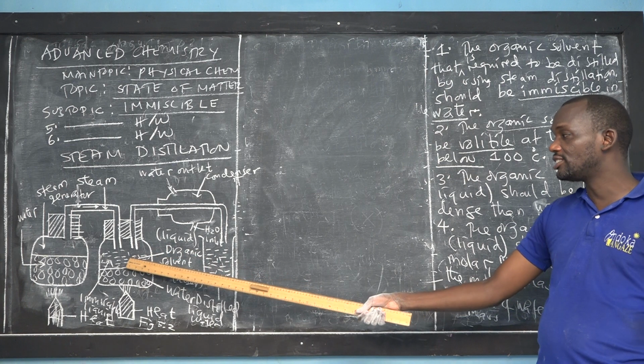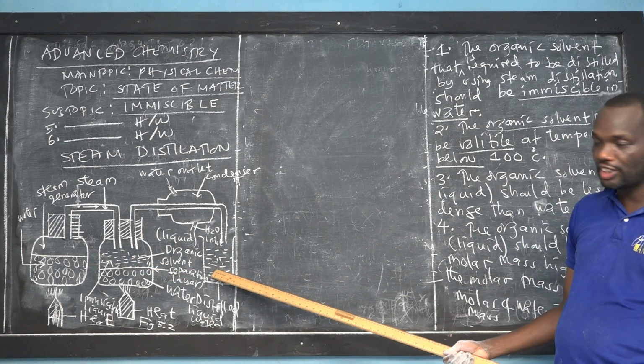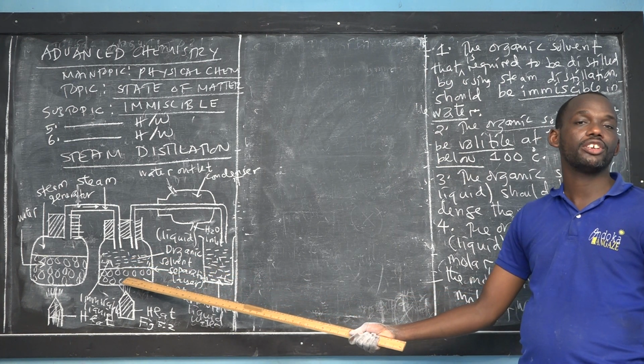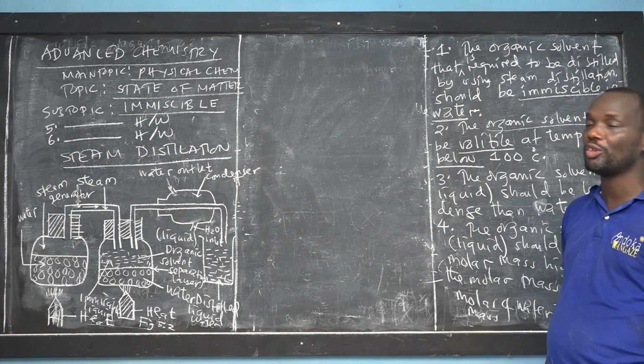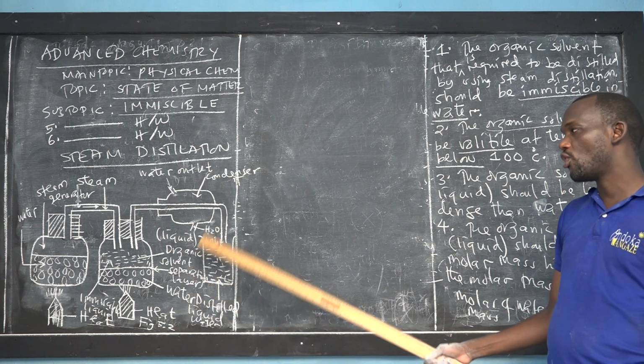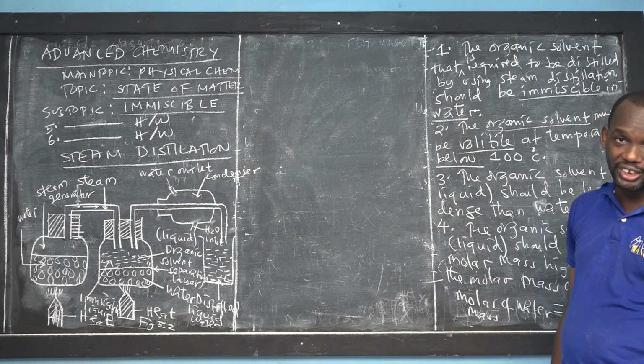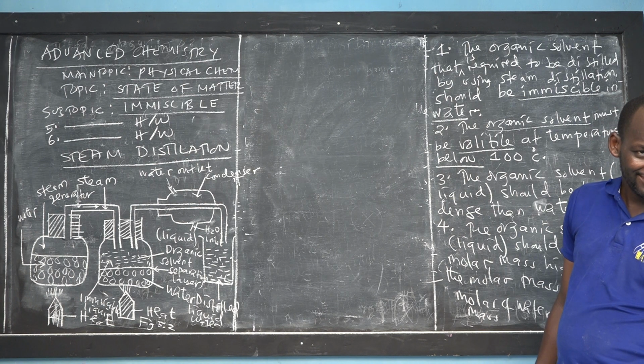If this is benzene, we collect the benzene while the water remains in the conical flask, and our main objective of separating the immiscible liquids has been achieved successfully.